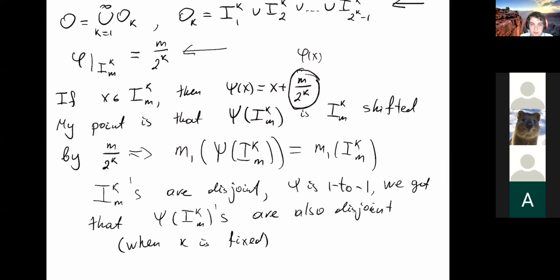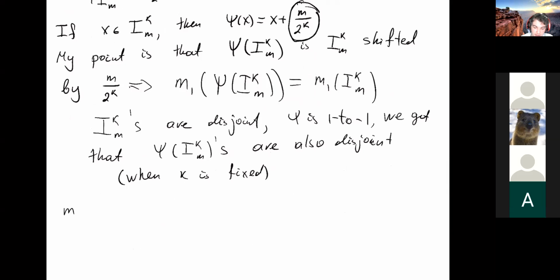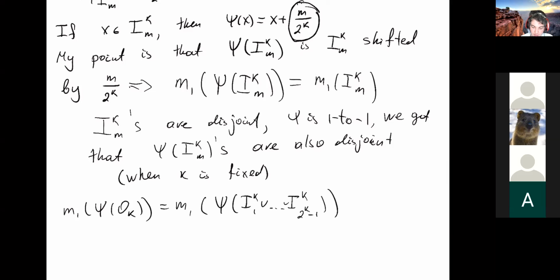So this really helps us to measure psi of O_k. Now I will measure psi of O_k. So O_k is psi of I_k1 union ... union I_k to the k minus 1. Now these fellows form a disjoint union, and psi is 1 to 1.